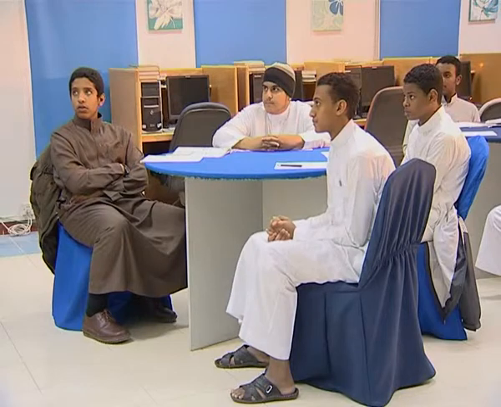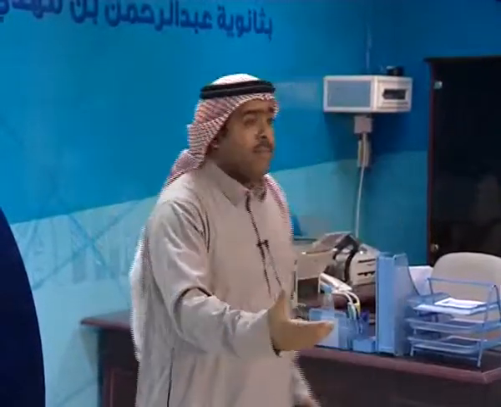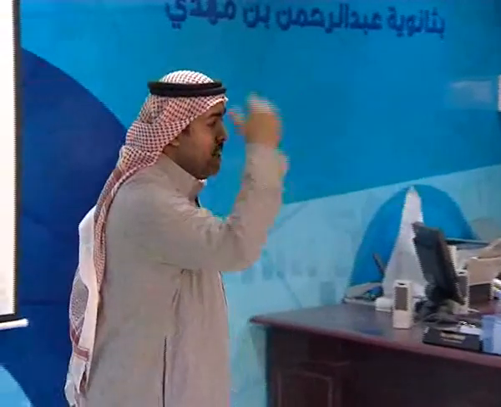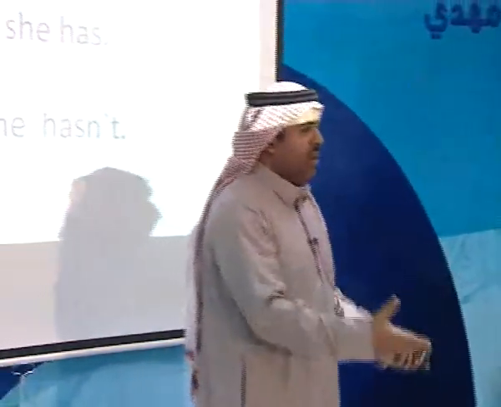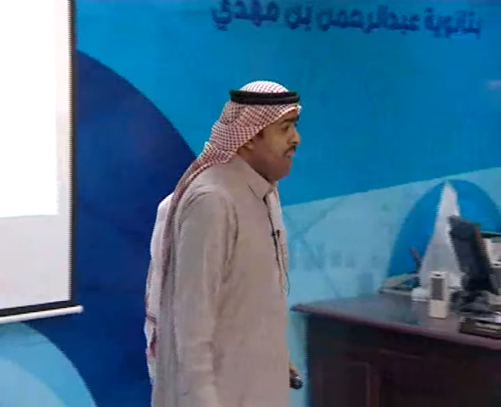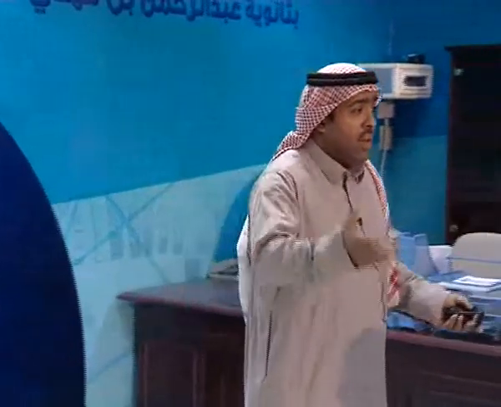So now, let me take some examples from you. Present perfect simple. Yes? Give me an example. Have you seen Ali? This is a question. Yes, I have, or no, I haven't. Okay, another example.